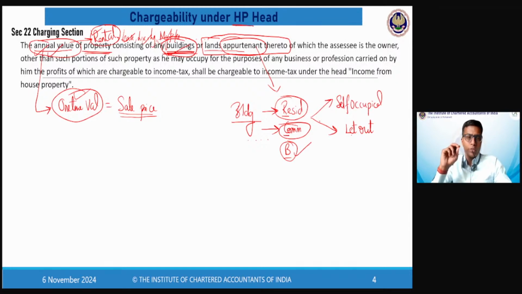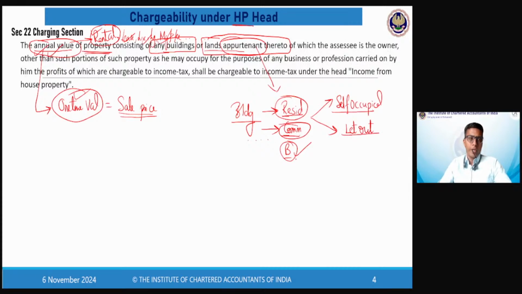But this is where, students, what is very important in reading the law is not the headings only, it is the actual content. So if you read the charging section, it makes it clear what the lawmaker wants to cover. They want to cover rental income of any building. Any will mean residential, commercial, it will mean self-occupied, it will mean let out.